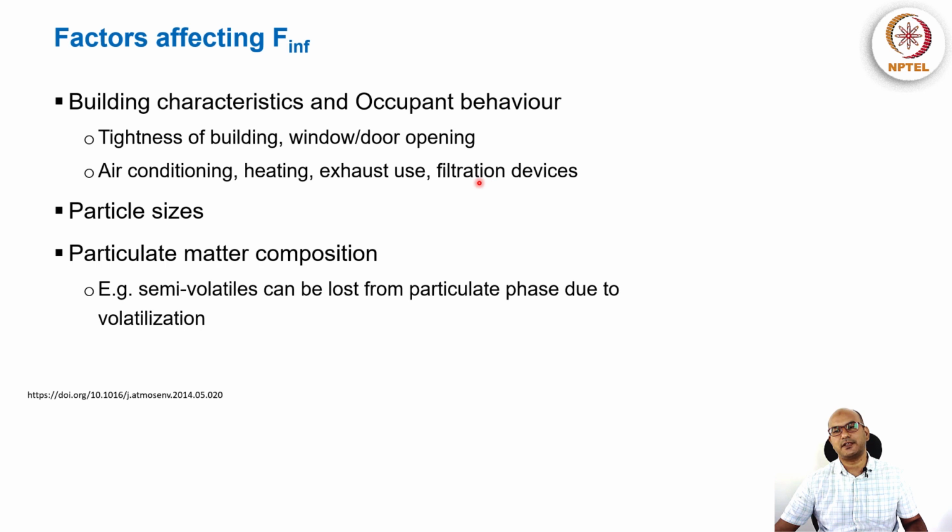In this case, actually, filtration will influence the penetration efficiency, not necessarily the infiltration factor. Then what are the particle sizes and what is the particulate matter composition? For example, the semi-volatiles can be lost from the particle phase due to volatilization.